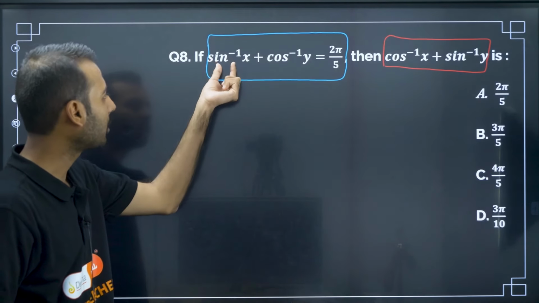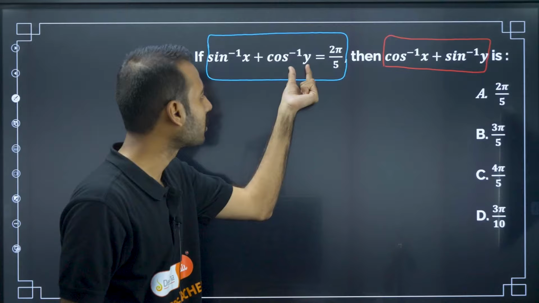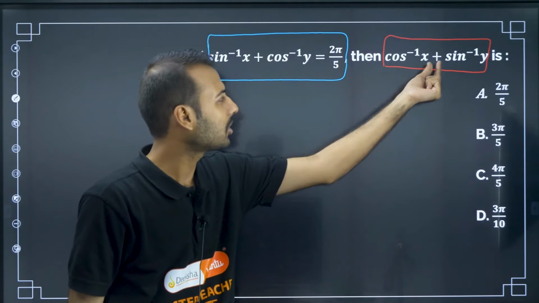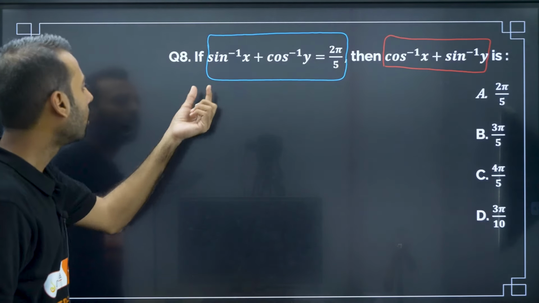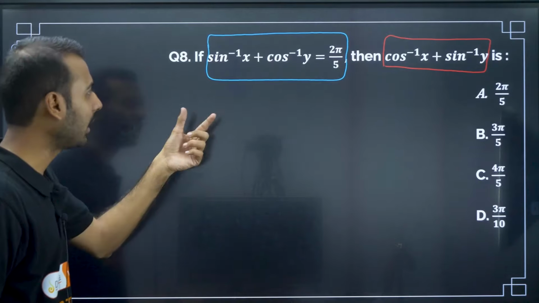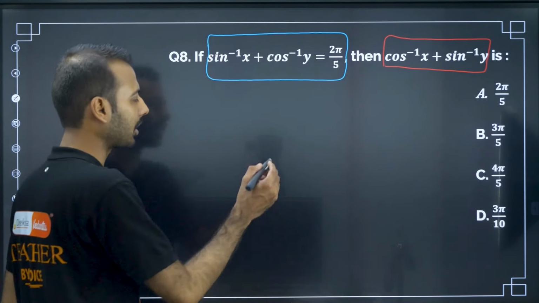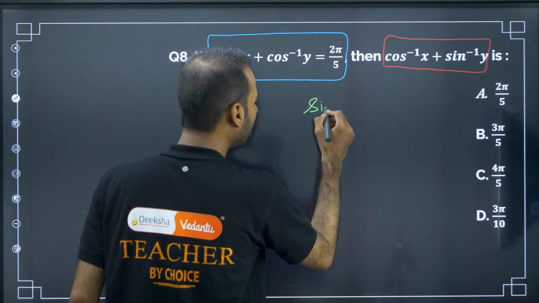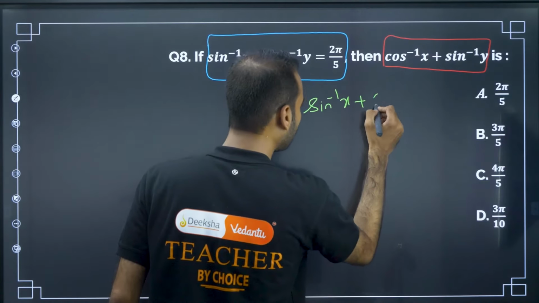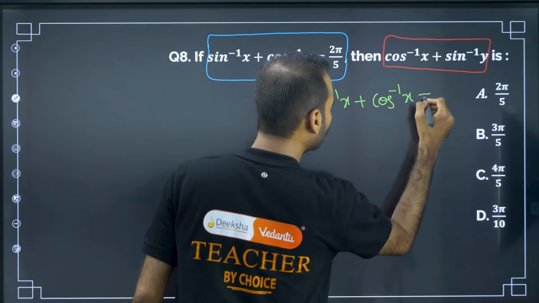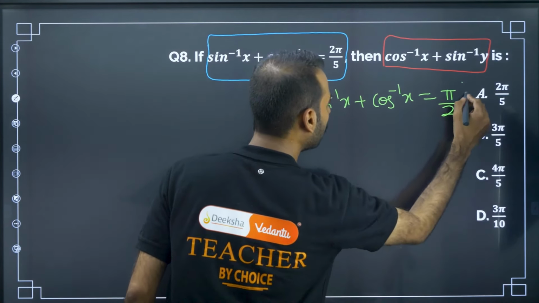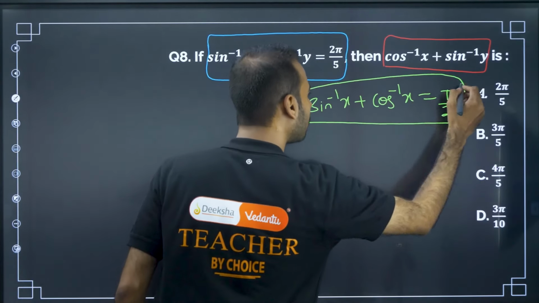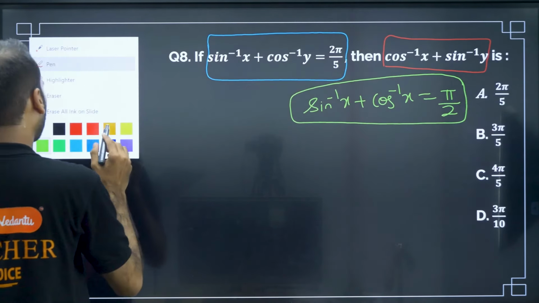They have given an equation in terms of sin inverse x and cos inverse y, but they are asking for cos inverse x and sin inverse y. The moment you see sin inverse x, there is one relation between sin inverse x and cos inverse x. What is that relation? Sin inverse x plus cos inverse x is equal to pi by 2. If you know this relation, this problem is solved. See here how to approach this.